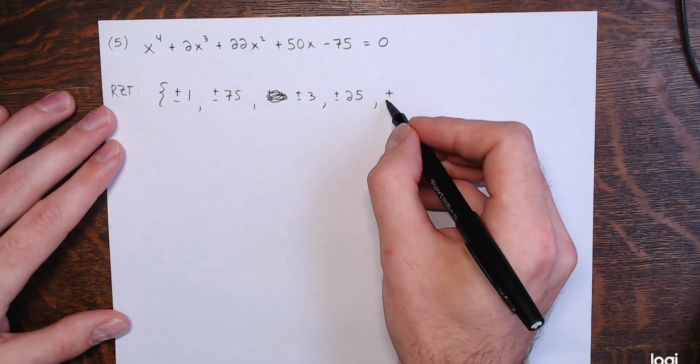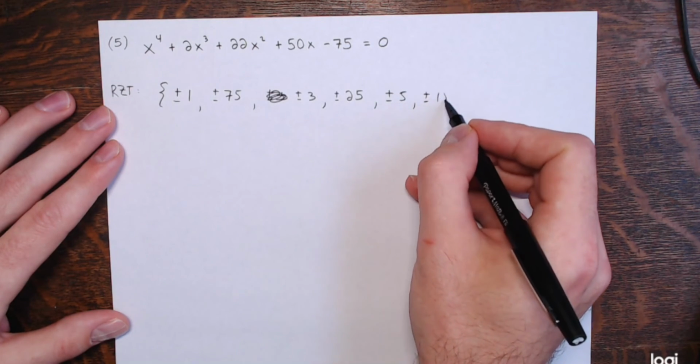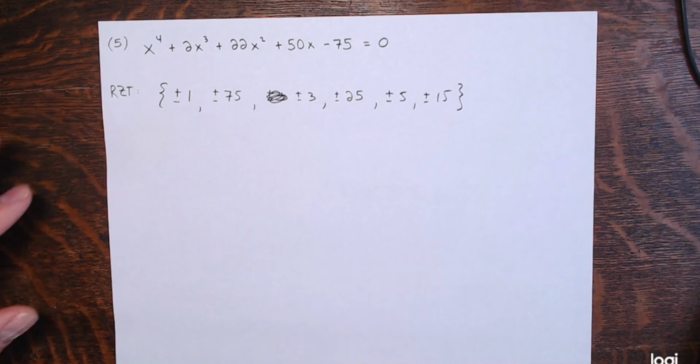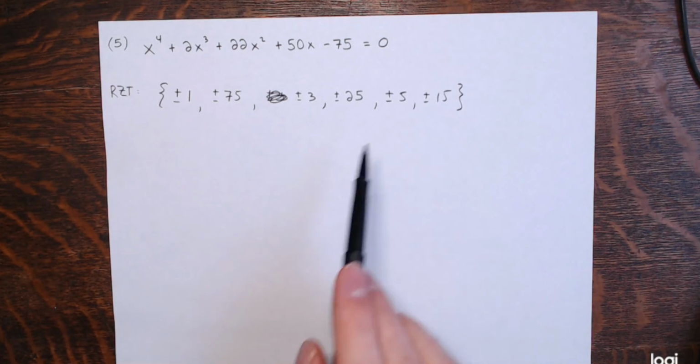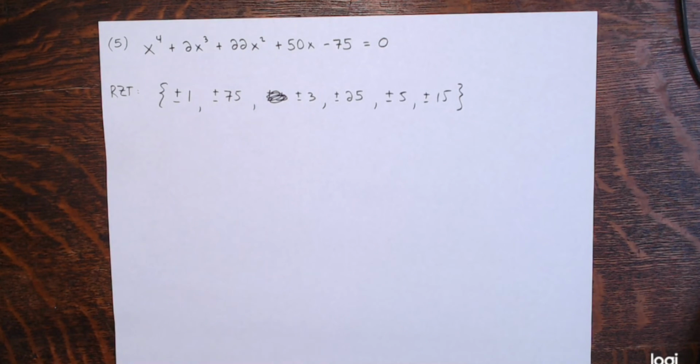Positive or negative 5, positive or negative 15, and I think that's it. 3 times 5 times 5, yeah. Okay, so if this has any rational solutions, it's going to be on this list. All right, so let's start checking. Oh, we're very lucky. X equals 1 works.